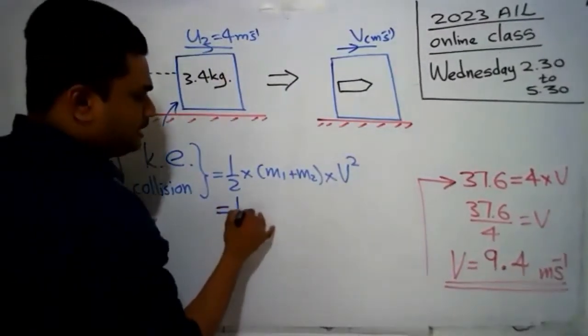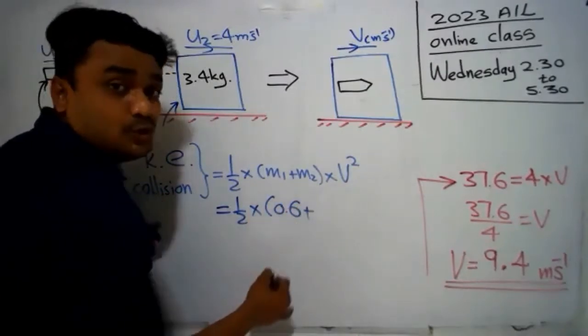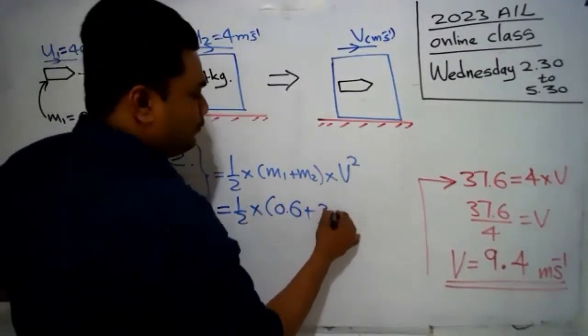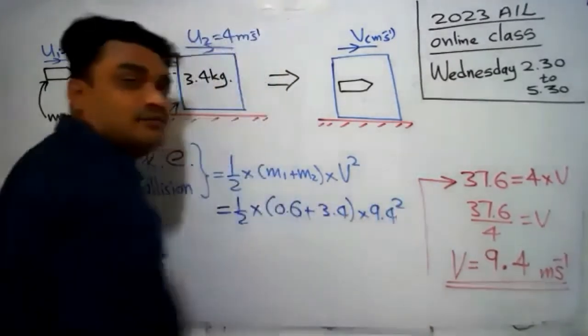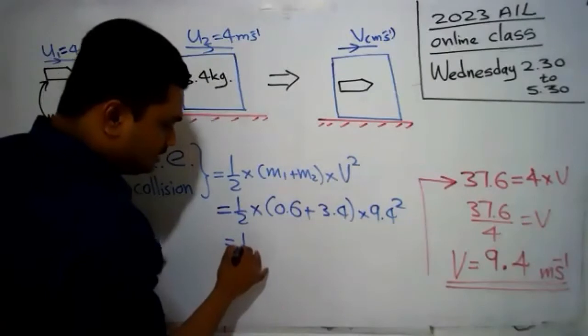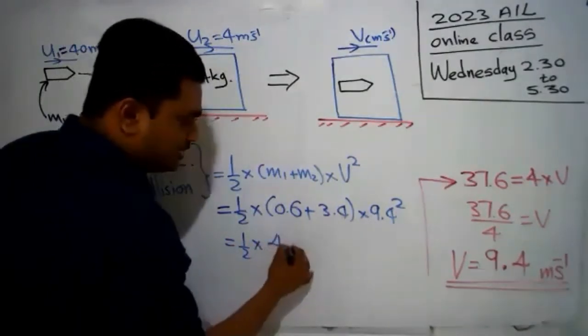Mass of the combined object, M1 0.6, M2 3.4, velocity 9.4 and square of that. So this is half. 0.6 plus 3.4 means 4.0.